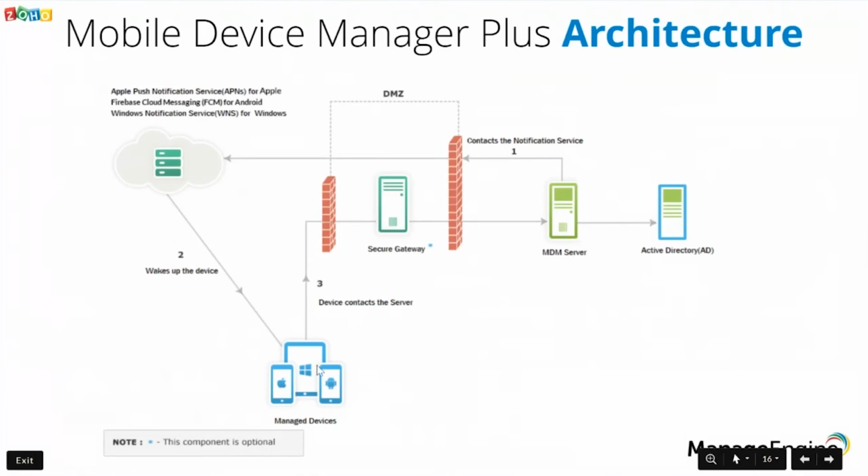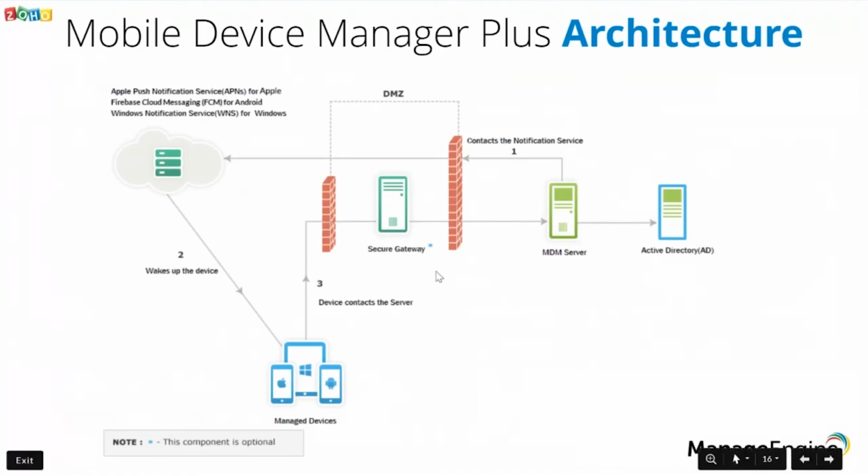Now we understand that your devices cannot always remain within the same network, which is why you will have to NAT your internal IP address with a public IP address. And we know that this might raise a few security concerns in your organization.